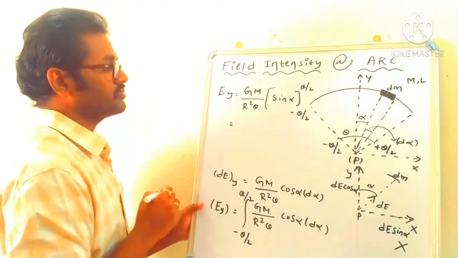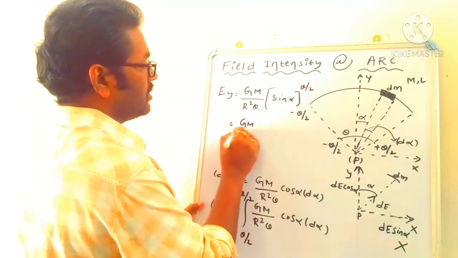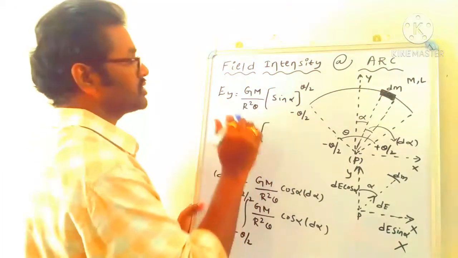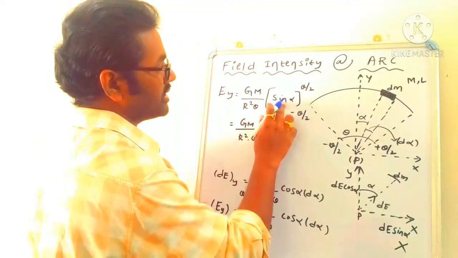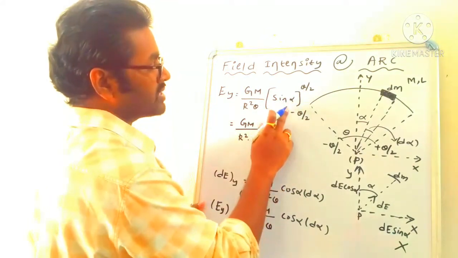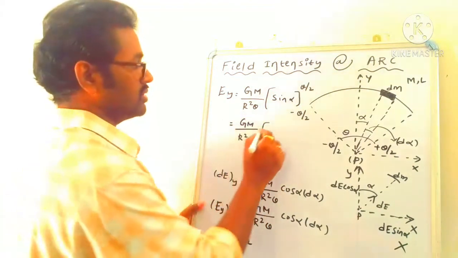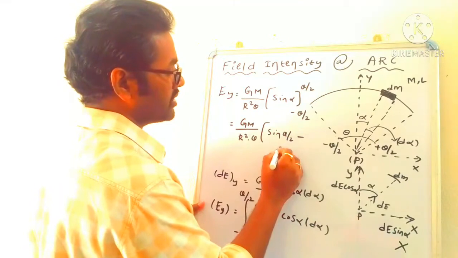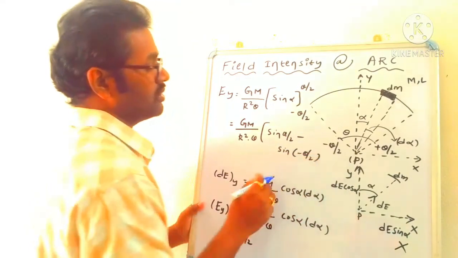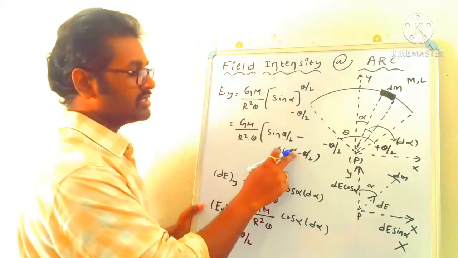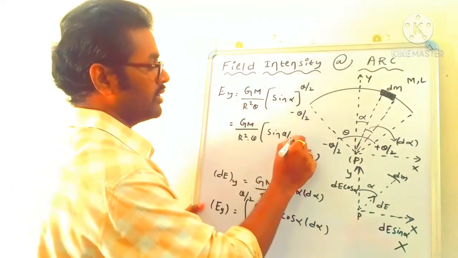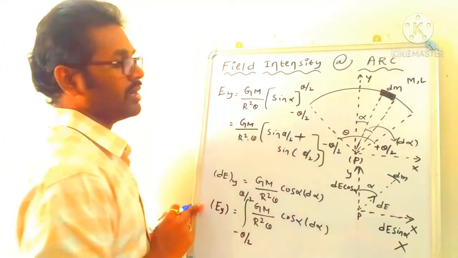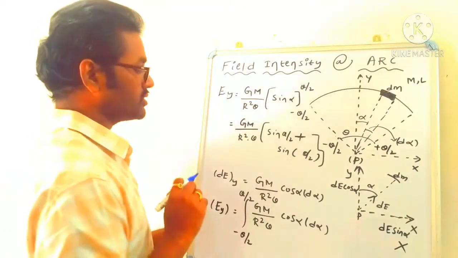Which is equal to Gm divided by r square theta. If you take the upper and lower limits, you will get sine theta by 2 minus sine of minus theta by 2. So the upper limit gives sine theta by 2, minus the lower limit, sine of minus theta by 2. The minus is under the sine, so we can take it out and it becomes a plus sign. So sine theta by 2 plus sine theta by 2 comes as 2 sine theta by 2.